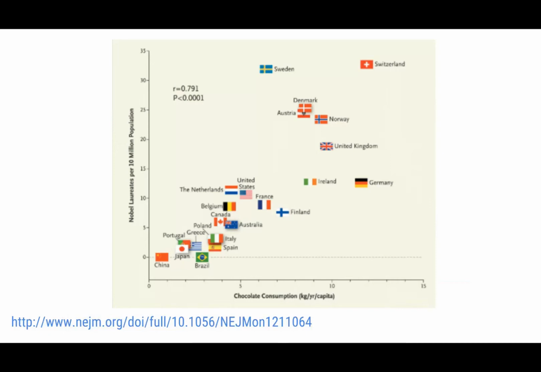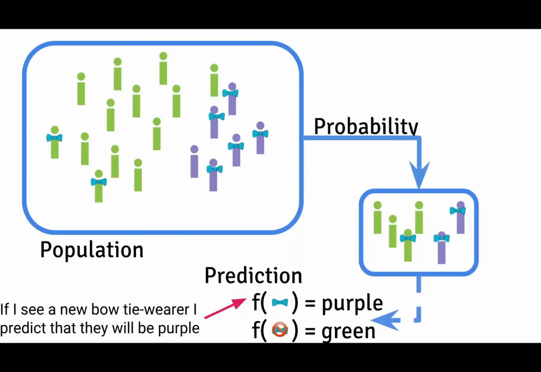So ask yourself, is the feature we're using to predict, chocolate consumption, really related to the outcome that we're trying to predict, Nobel Prizes? And if it's not, then be skeptical of that prediction function because the underlying data is maybe not appropriate.